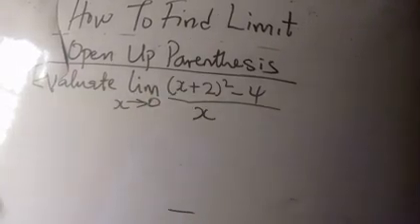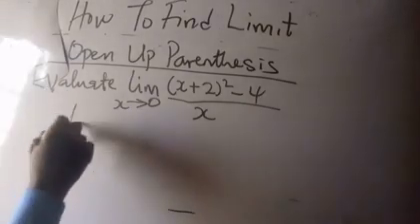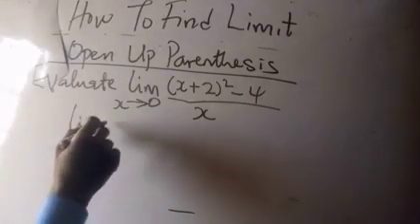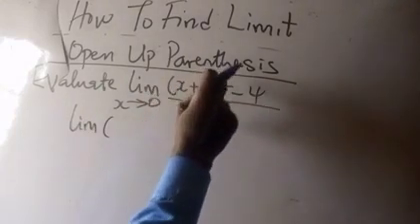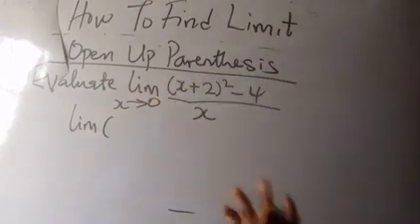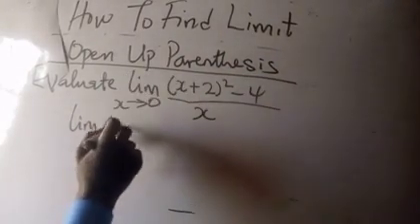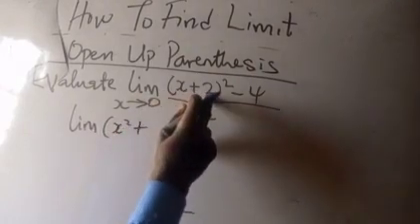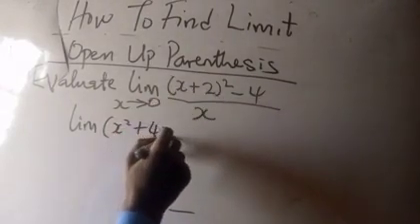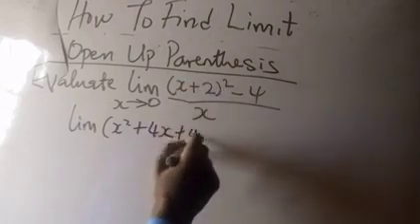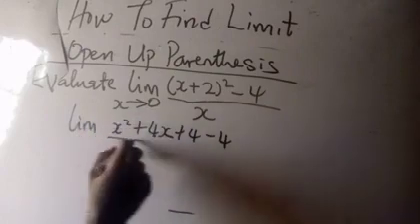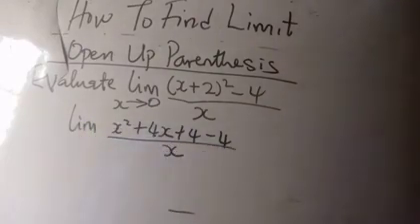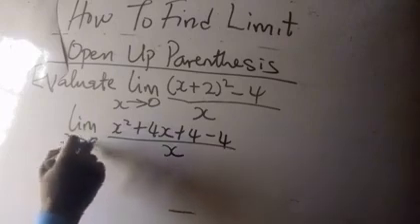But let's see if we open up the parentheses here. The limit of this is going to be, x plus 2 raised to power 2 means x plus 2 multiplied by x plus 2. So this will give us x squared, x times 2, 2x, multiplied by 2, 4x, 2 squared, 4, minus 4, divided by x as x approaches 0.